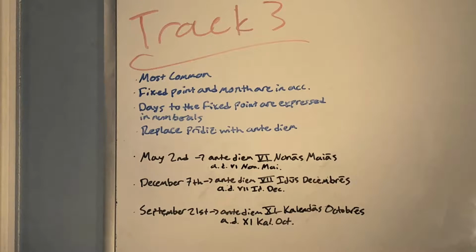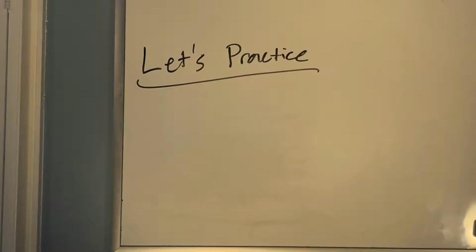So in our case, we're past the fixed points, we're past the 13th, we're definitely past the 5th. So we have to go to the 1st of October as our next fixed point, which is the calends of October. So this would be ante diem VI calendas octobres, which is why we go into the next month.